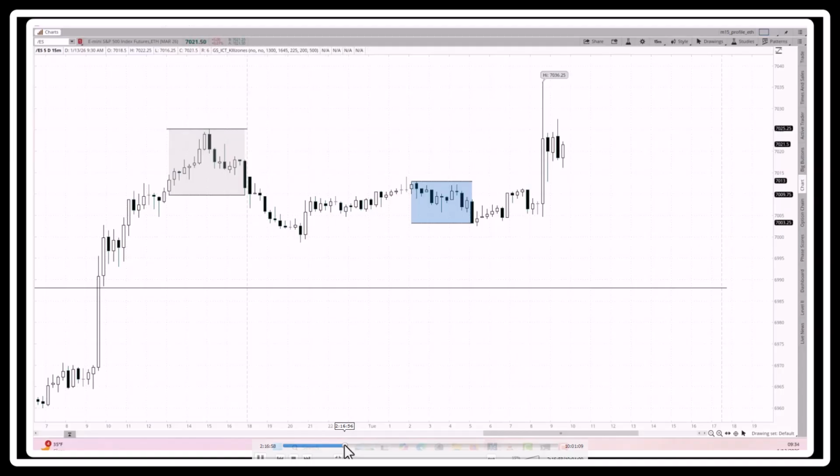You see the 9:30 right there? That's right there. 37, you see that? So what are we going to do right here? You see it tests that level twice.